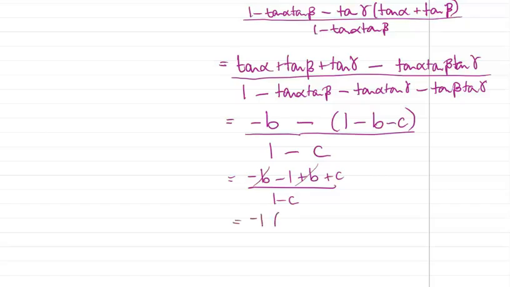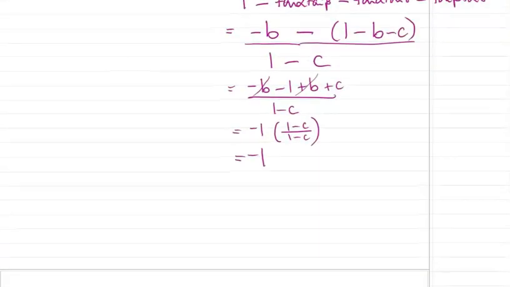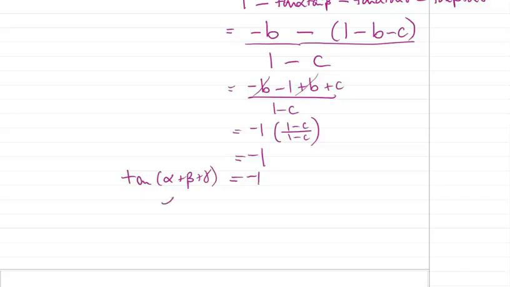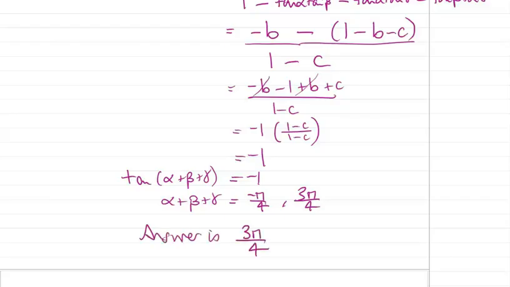I get minus 1 outside of 1 minus c on 1 minus c. So I just get minus 1. So I've established that tan of alpha plus beta plus gamma equals minus 1. So it must be the case that alpha plus beta plus gamma equals minus pi on 4 or 3 pi on 4, but they asked me for the first positive value. So the answer is 3 pi on 4.